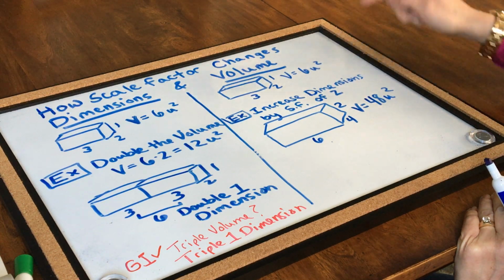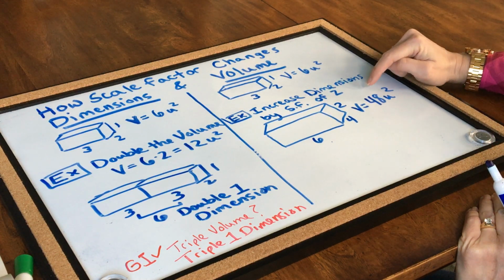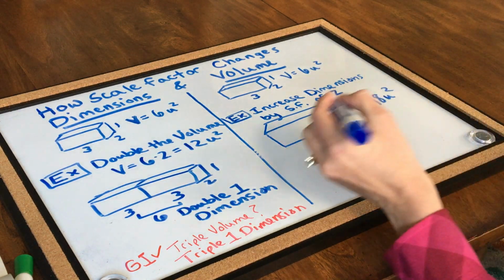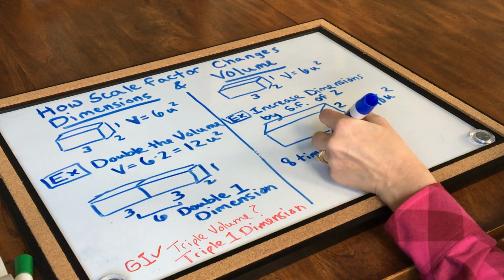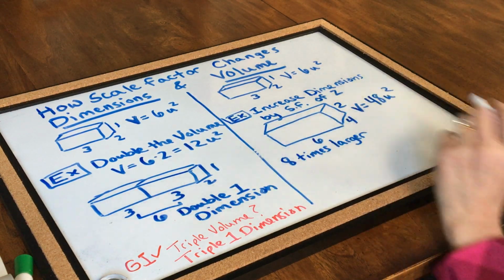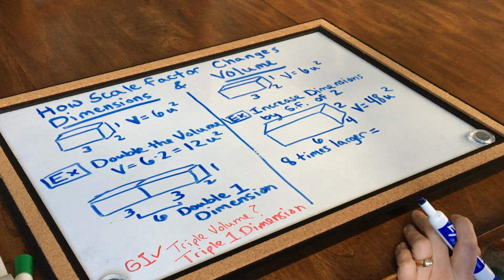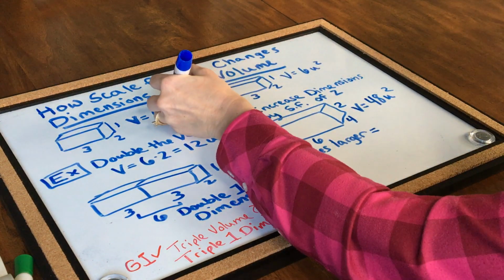In fact, changing the scale factor of 2 meant that this is actually 8 times bigger, right? Because 6 times 8 equals 48. So my new volume is 8 times larger. And where does that come from? Well, remember way back in scale factor, when we talked about if you change the scale factor of the dimensions of a figure, your area would be squared? Well, let's think about volume.